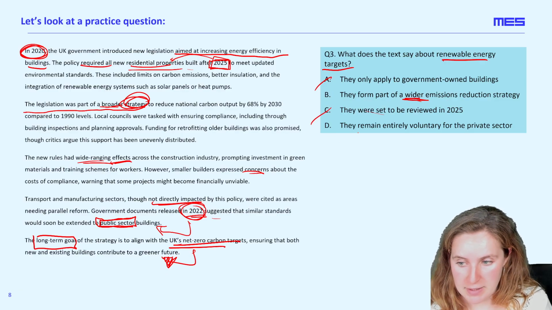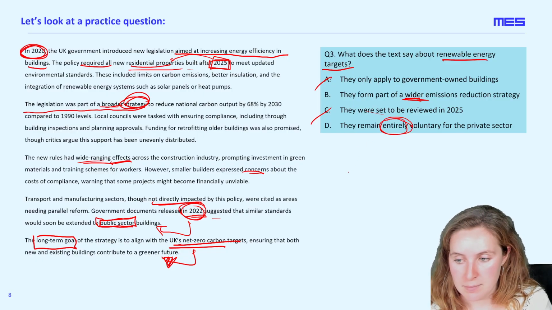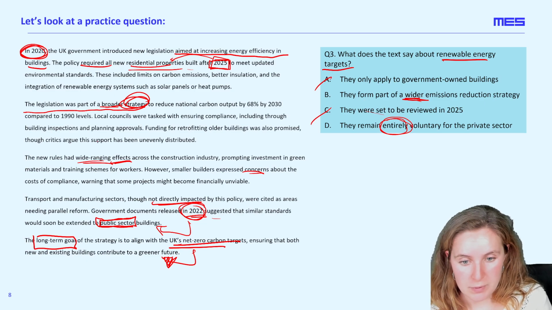And D, they remain entirely, and we don't really like that word because it's a little too definitive. They remain entirely voluntary for the private sector. We don't know that, right? Because, for example, we know that the support has been unevenly distributed. We know that things are promised.